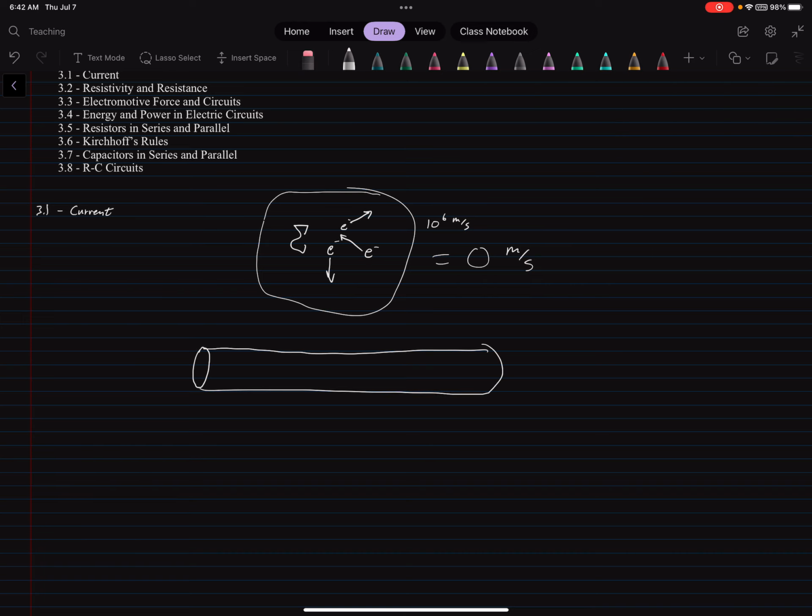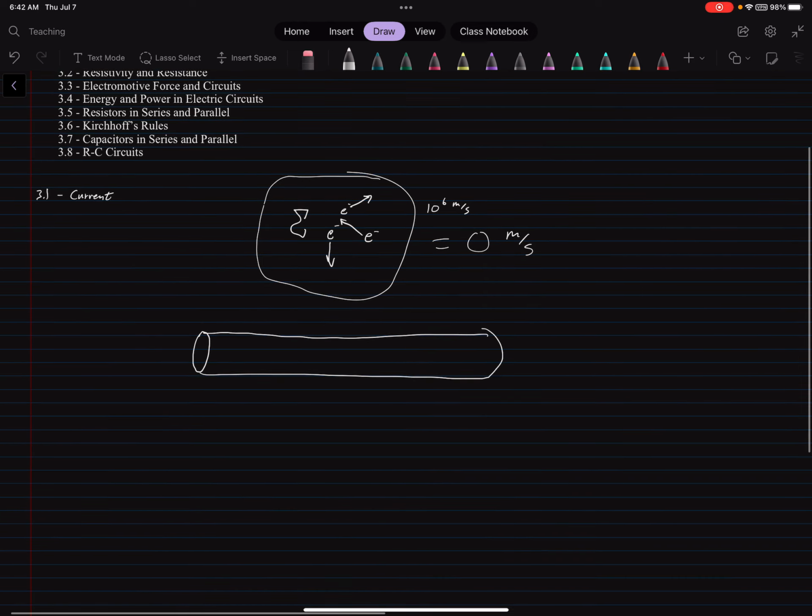So let's say we have this conductor here, like this cylinder or whatever. You can think of this as a wire, I guess, since that's what we're building up towards. Let's say there's an electric field, which I guess I've been using as green, going in this direction, right? And let's say we have a negative charge here. Well, it's going to experience a force equal to its magnitude of charge times that electric field.